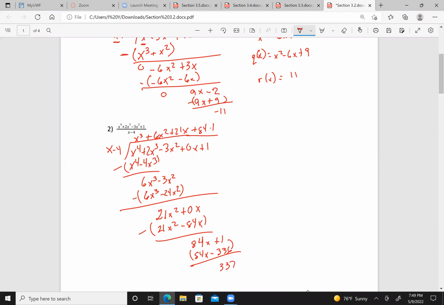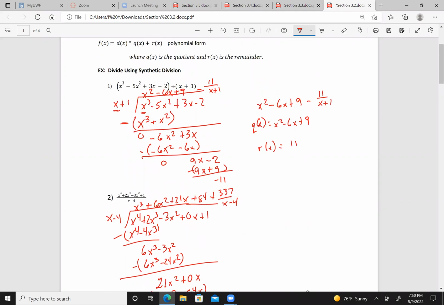So plus 337 over x minus 4. And that is my solution. So we have x cubed plus 6x squared plus 21x plus 84 plus 337 over x minus 4. That is our answer.